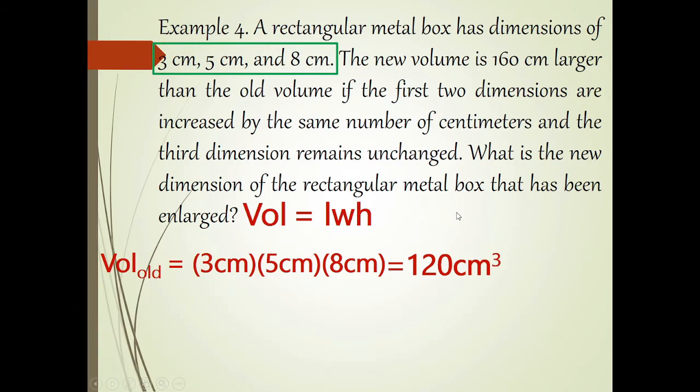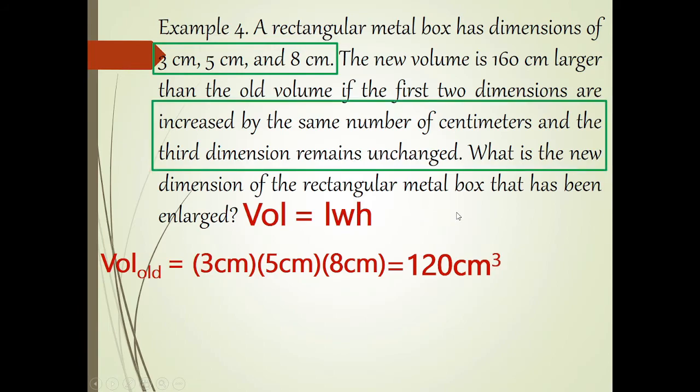When we do not know a number, we represent it by x, the length to be added. But where should it be added? To the first two dimensions, the 3 and the 5.